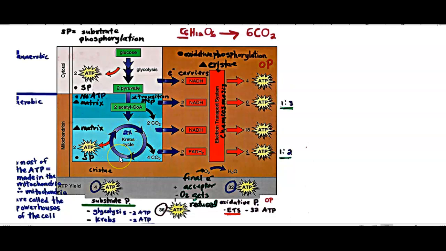As a result of going around twice, it makes 2 ATPs through substrate phosphorylation, and it completely breaks down the glucose. 4 carbon dioxides are given off. So every carbon of the glucose is going to get released as a carbon of carbon dioxide.